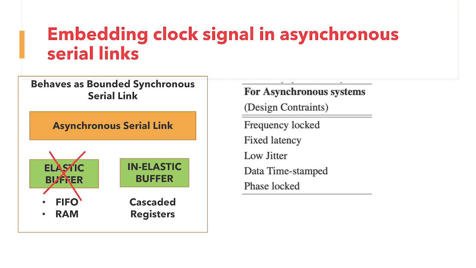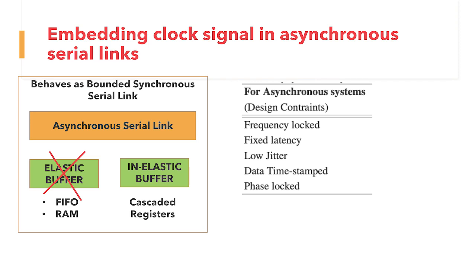So that was the idea. And the way to maintain the latency is to replace it by an inelastic buffer, which is a simple chain of cascaded registers. So when you do this two-step, that is, make sure the clock frequencies are in the proper ratio, and also use an inelastic buffer, the asynchronous serial link behaves as a bounded synchronous serial link.